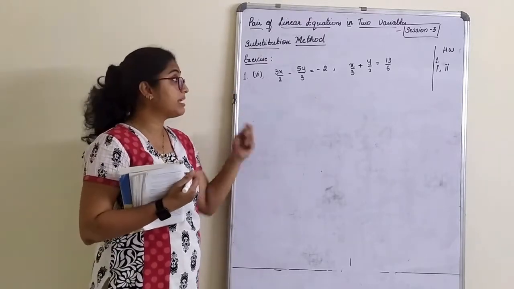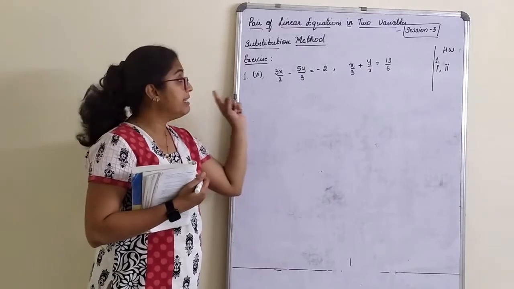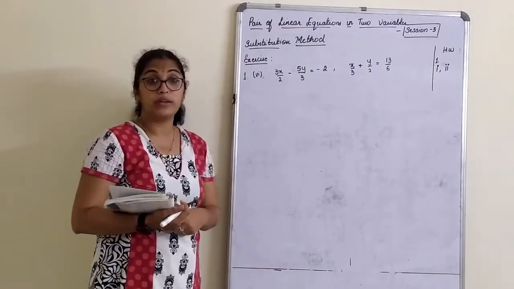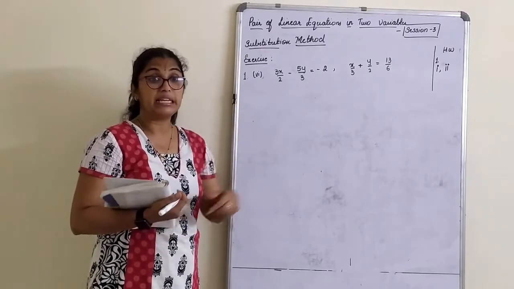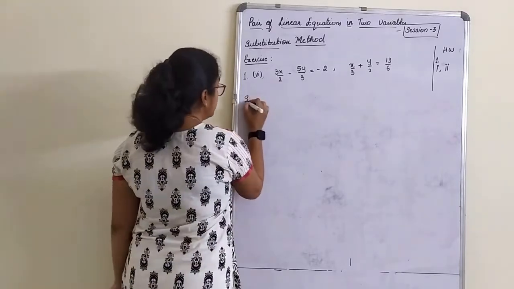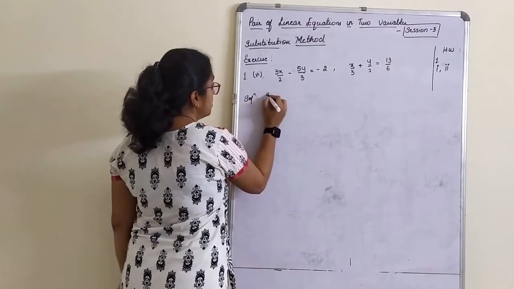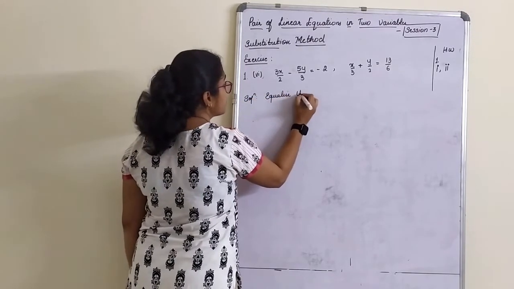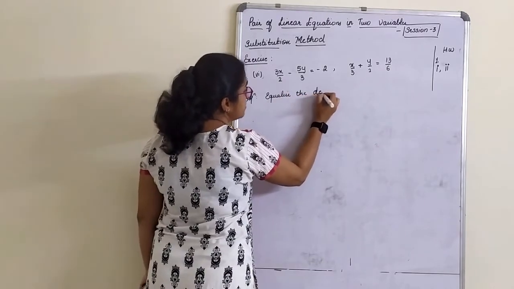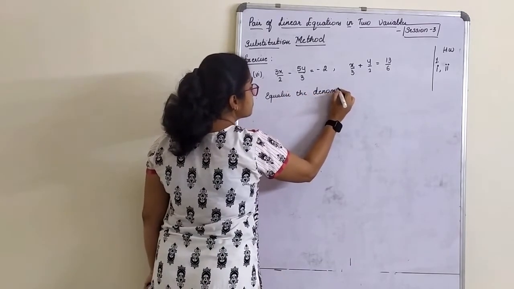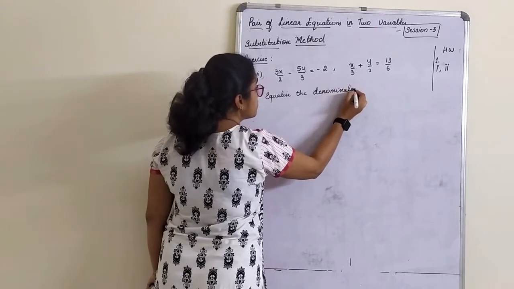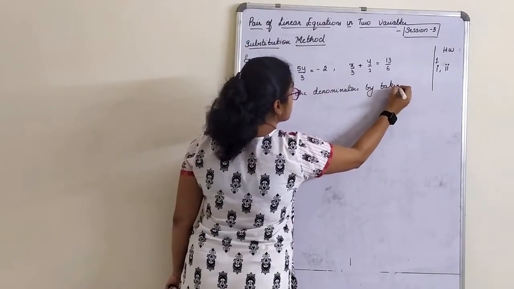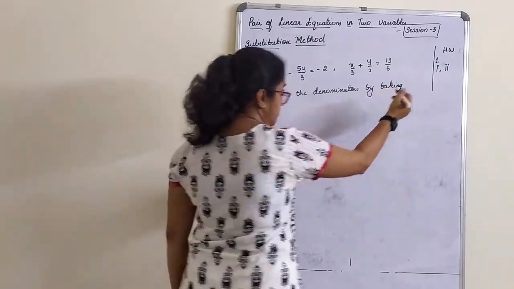But still, to make the question much easier, let us equalize the denominators in the given question. How do you equalize the denominators? By taking LCM. So we will write that in the solution: equalize the denominators by taking LCM.